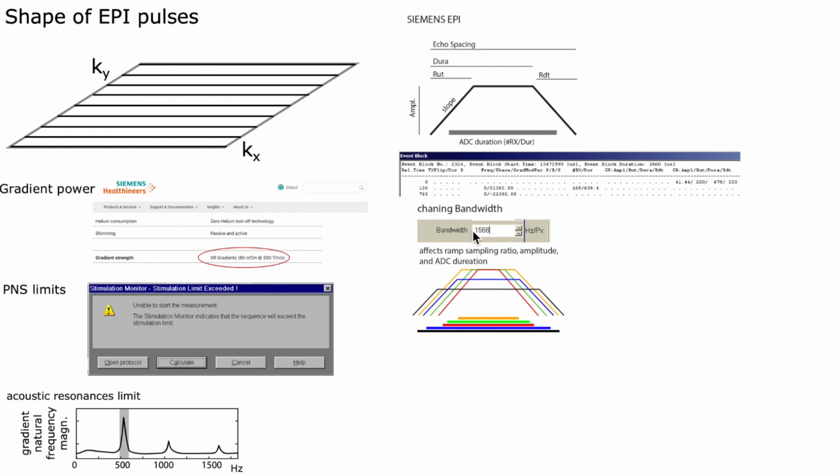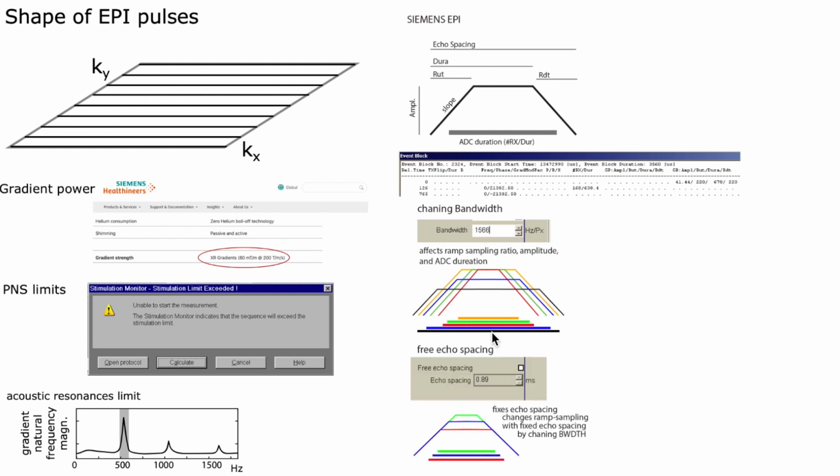Increasing the bandwidth even further just reduces the amount of ramp sampling, while still also reducing the timing of listening and acquiring data.